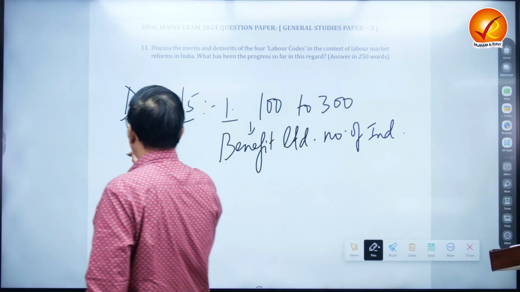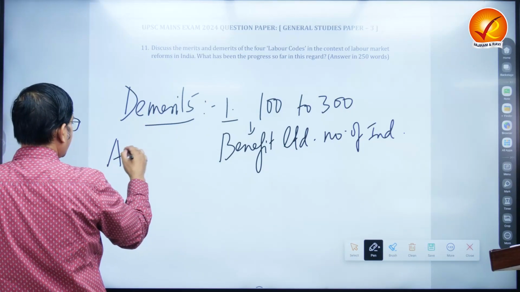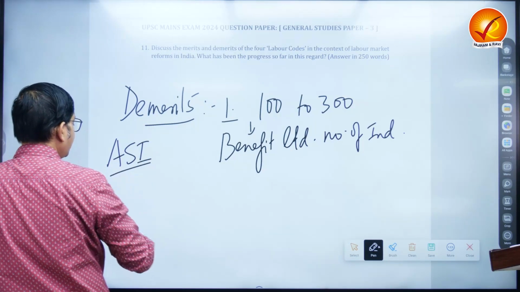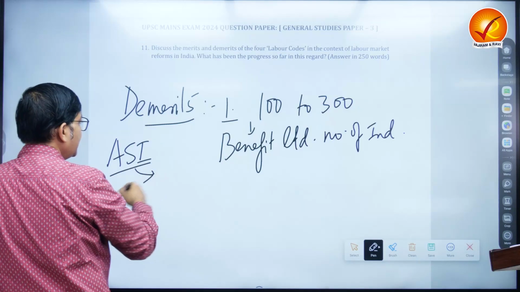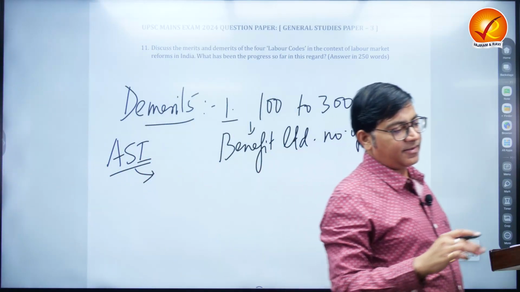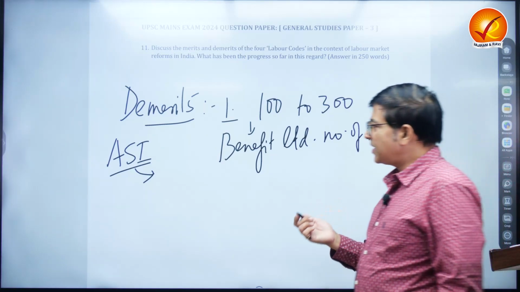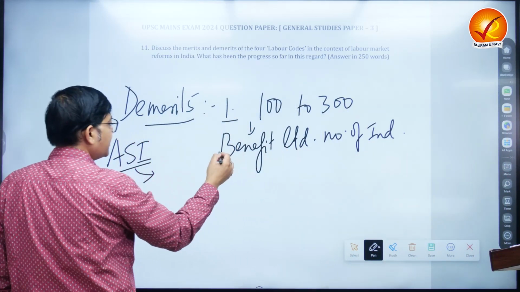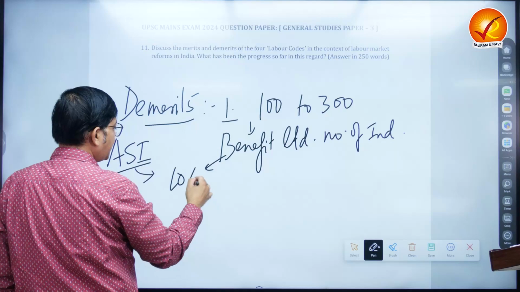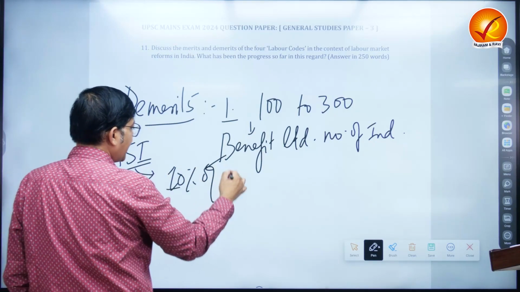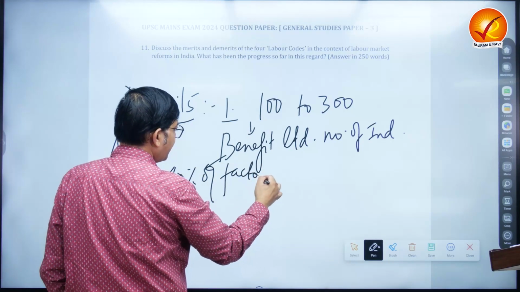You can quote data, etc. According to ASI data, the Annual Survey of Industries data, this change will be benefiting hardly 10% of the factories. So hardly 10% of the factories are going to benefit from this.